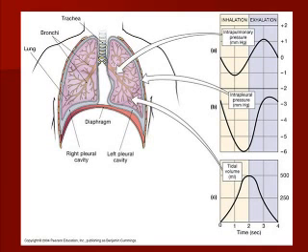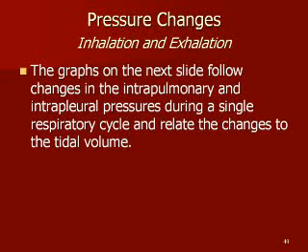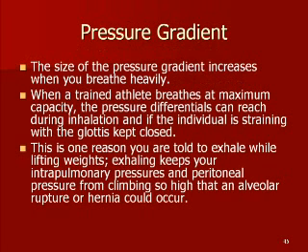This illustration from your textbook illustrates the phases of inhalation and exhalation. The graph on the next slide follows changes in the intrapulmonary and intrapleural pressures during a single respiratory cycle and relates them to changes in tidal volume.